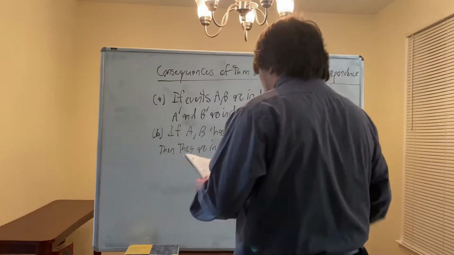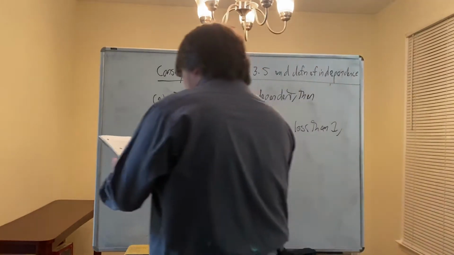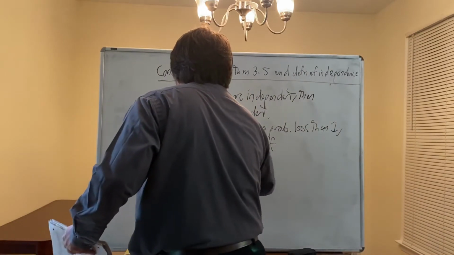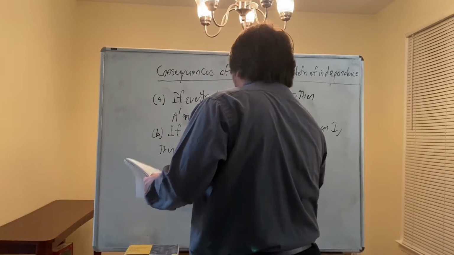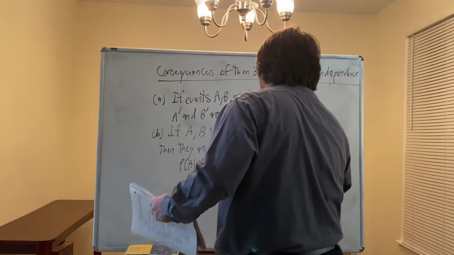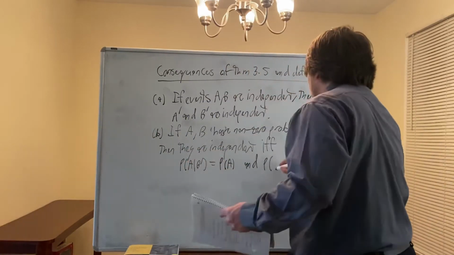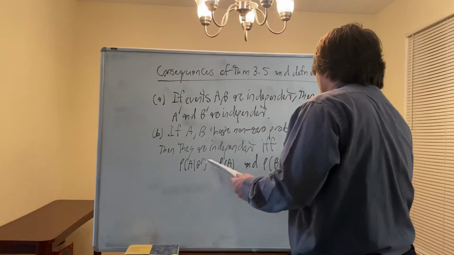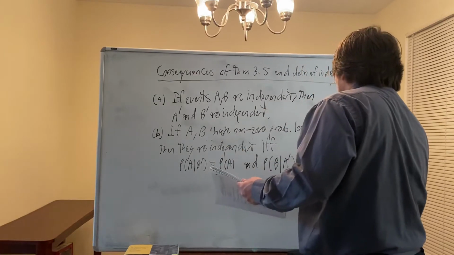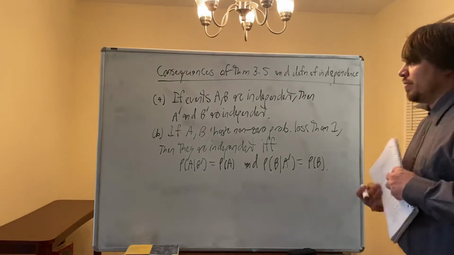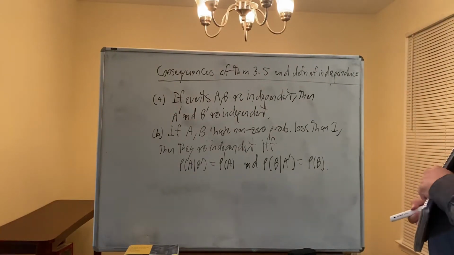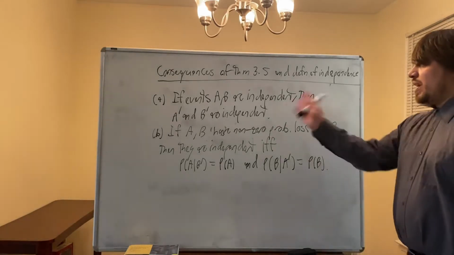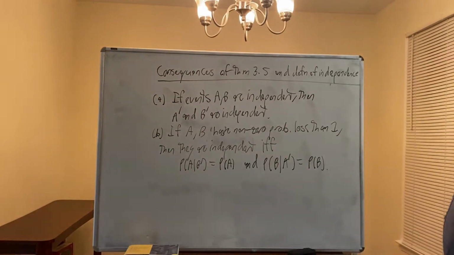if and only if the probability of A given B prime is equal to the probability of A, and the probability of B given A prime is equal to the probability of B. So consequences of theorem 3.5 and the definition of independence: if events A and B are independent, then A prime and B prime are independent.